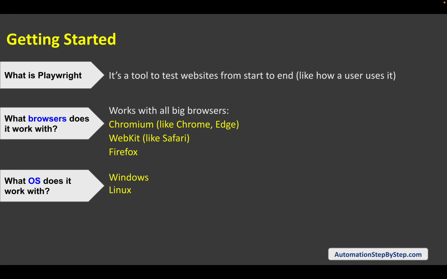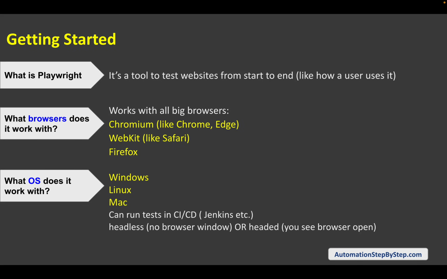And operating systems, it can work on Windows, Linux, Mac, all these operating systems. And we also have a command line mode, so we can run our tests using command line, and we can also integrate our testing with CI/CD process and use tools like Jenkins, Azure, GitHub Actions, etc. Okay, so here we already know that we can use headed or headless mode of browser, and with Playwright we also have mobile emulation, and that means, let's say you have created your test for desktop browsers and it is working fine.